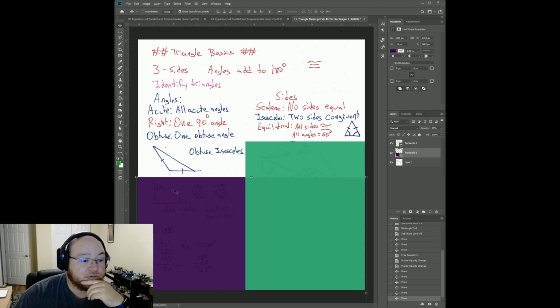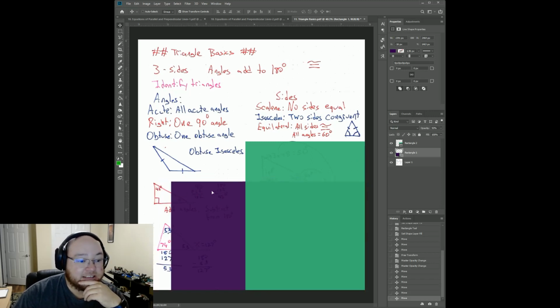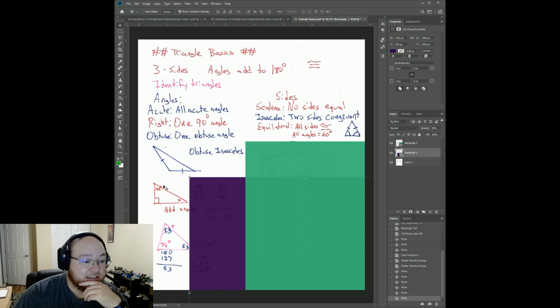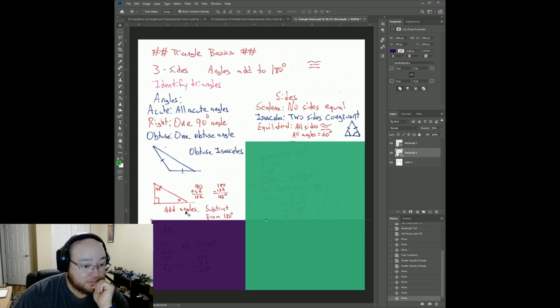The next thing I can do is give you a problem with missing angles. On a question like this, you want to add the angles and then subtract from 180, because you know they add up to 180. So this is a 90. 90 plus 42 is 132. 180 minus 132 is 48.